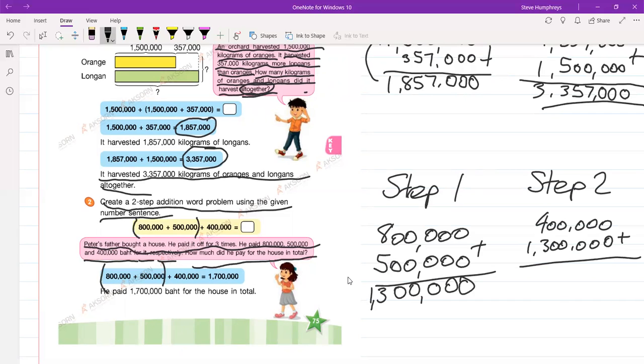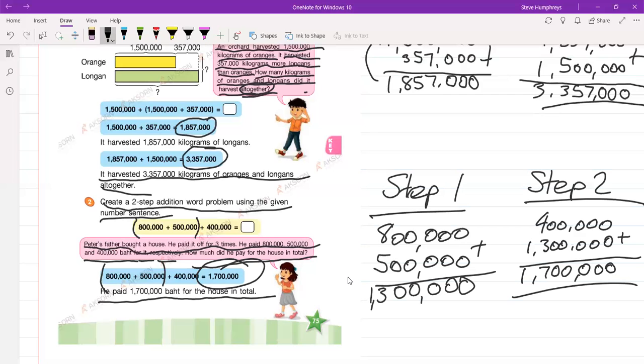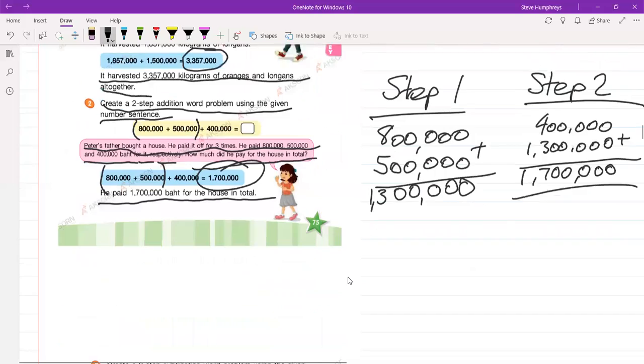Okay, add them together, get your answer. 0, 0, 0, 0, 0, 7. 4 plus 3 is 7. Answer, 1,700,000. There's your answer there. He paid 1,700,000 baht for the house in total. Two-step addition word problem. Okay, let's go to the next page.